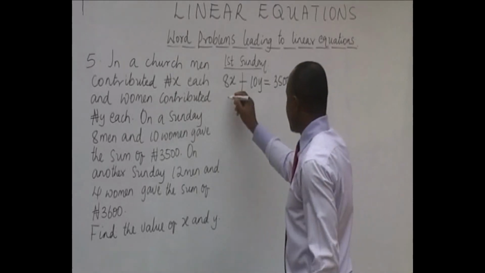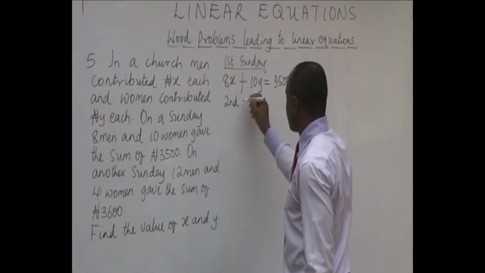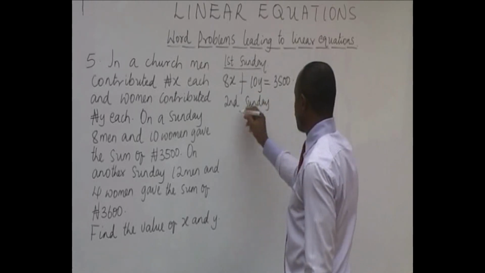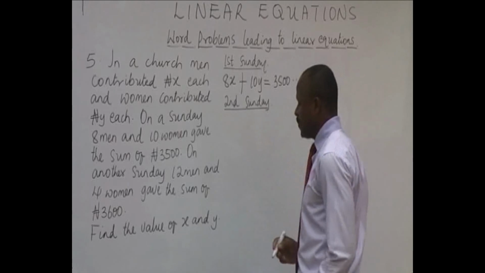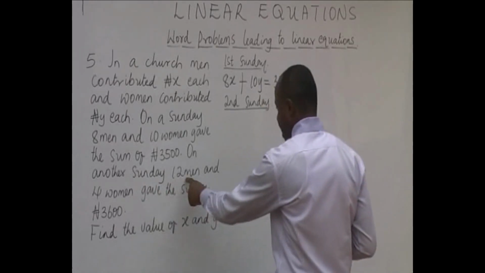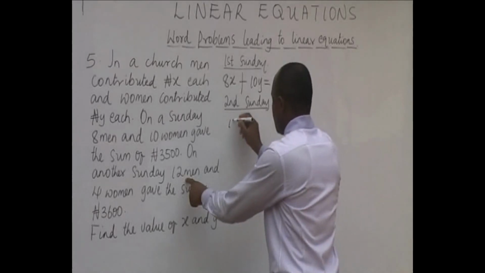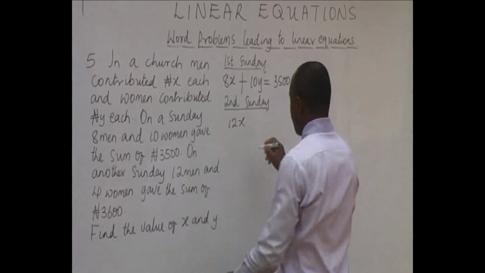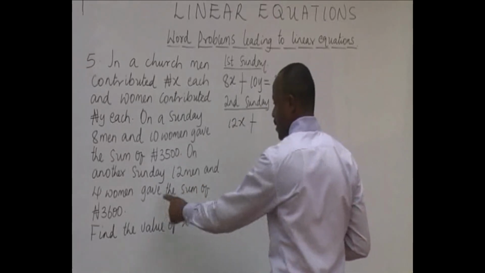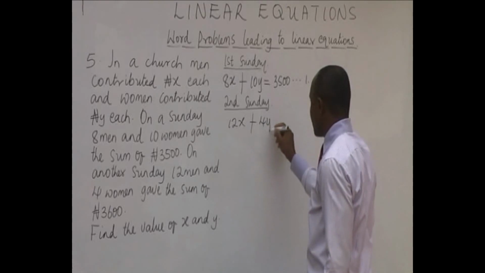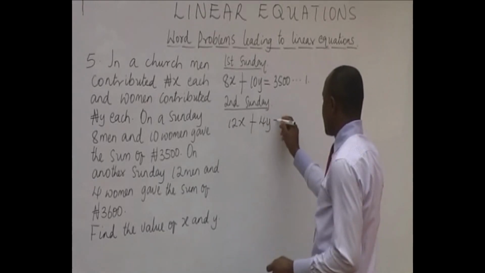On the next Sunday, second Sunday, they told us that 12 men means 12 times x, which is 12x, plus 4 women. 4 women means 4 times y, which is 4y.